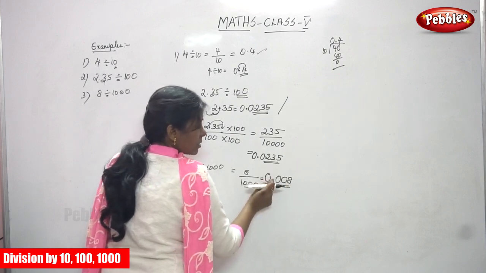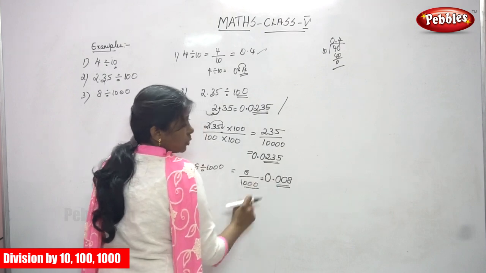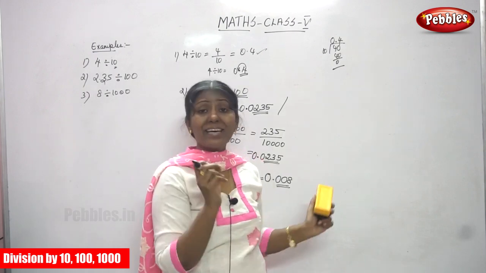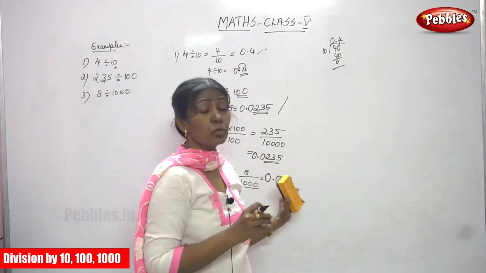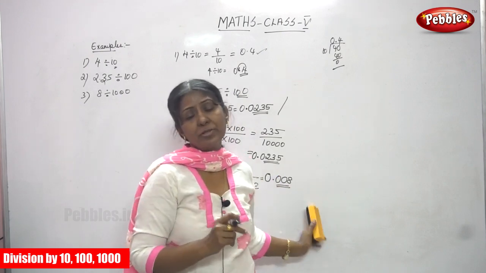After that you put a point, and in front of the point you add 0, which indicates a decimal value. So 0.008 is the right answer for this question.